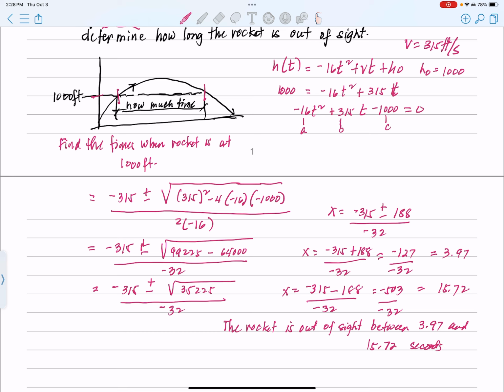Right here. So when the time is 3.97 to 15.72 seconds, the rocket is out of sight between that time.